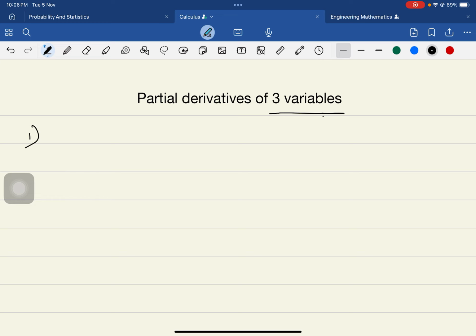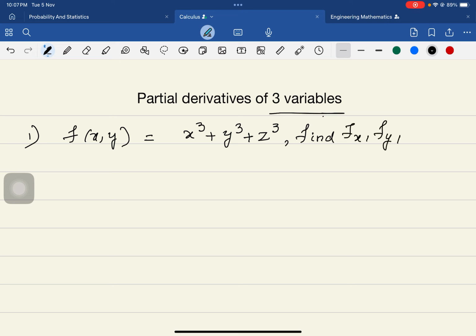Number one: if the function f of x, y, z is given by, let us say, x cube plus y cube plus z cube, find fx, fy, fz. So this is the question.